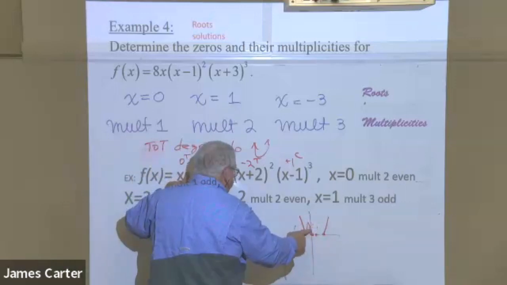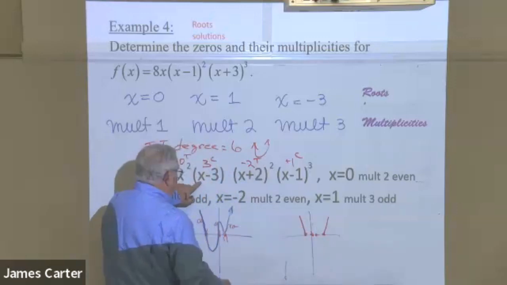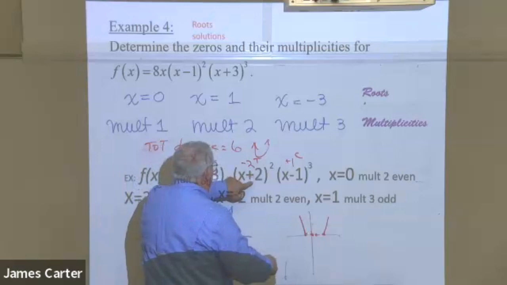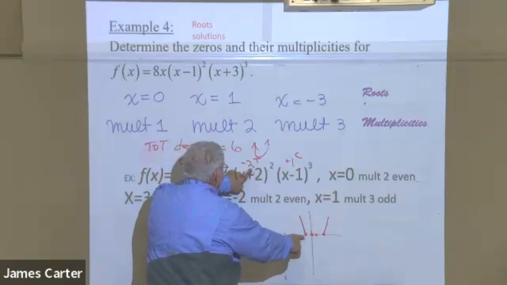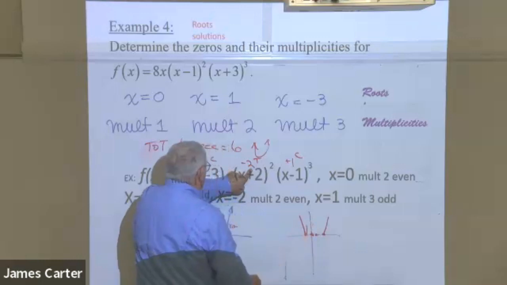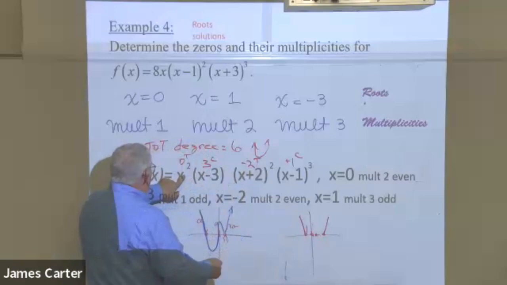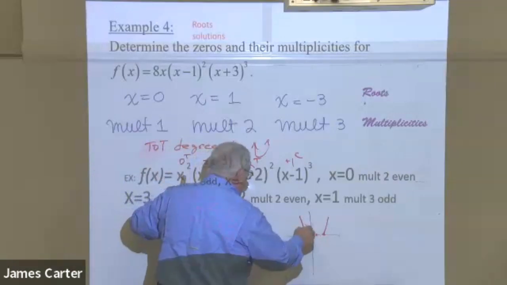Now let me rethink this. Okay, so I've got the farthest left one happens to be this -2, and it is a touch and go. So I correctly did that. Okay. The next one, the 0, is also a touch and go. So that means this one's going to do that.